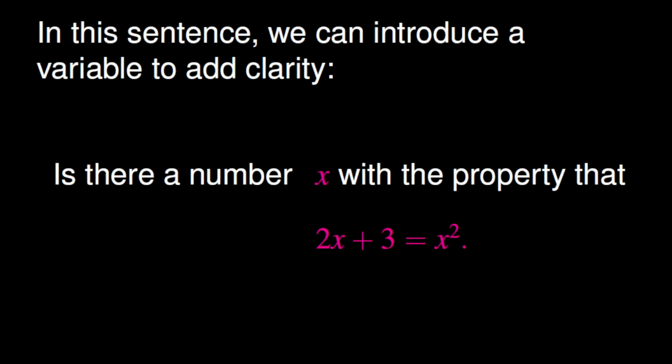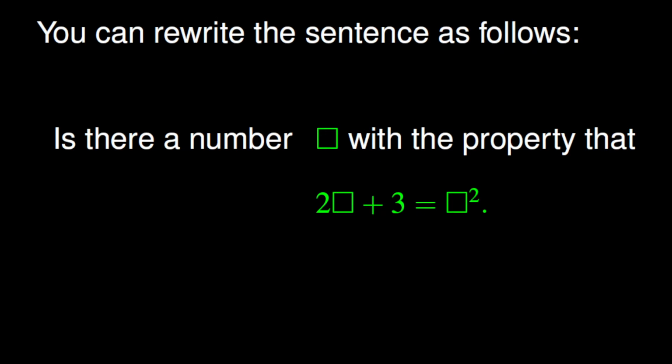It is also very important to not be stuck with labels. We can replace the variable x with any other label without changing the main structure and meaning of the sentence. For instance, we replace the label x with box and the question becomes: is there a number, box, with the property that 2 boxes plus 3 equals box squared?